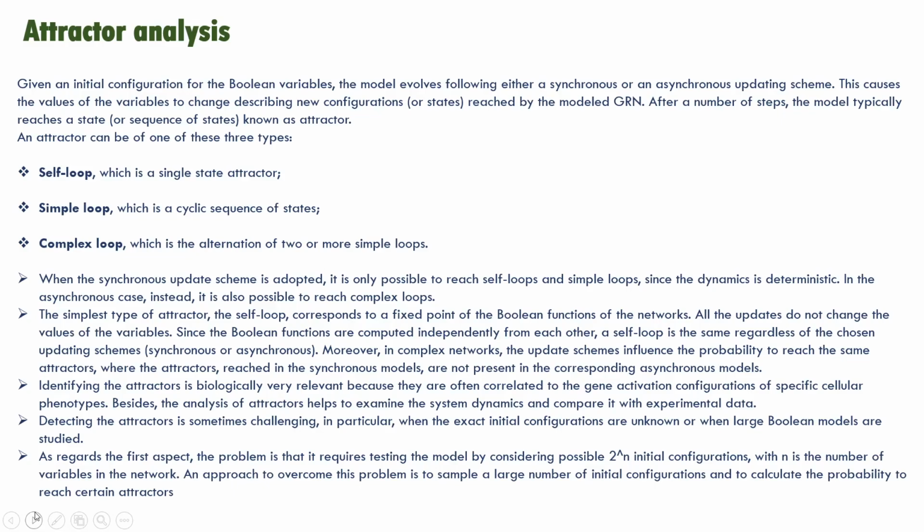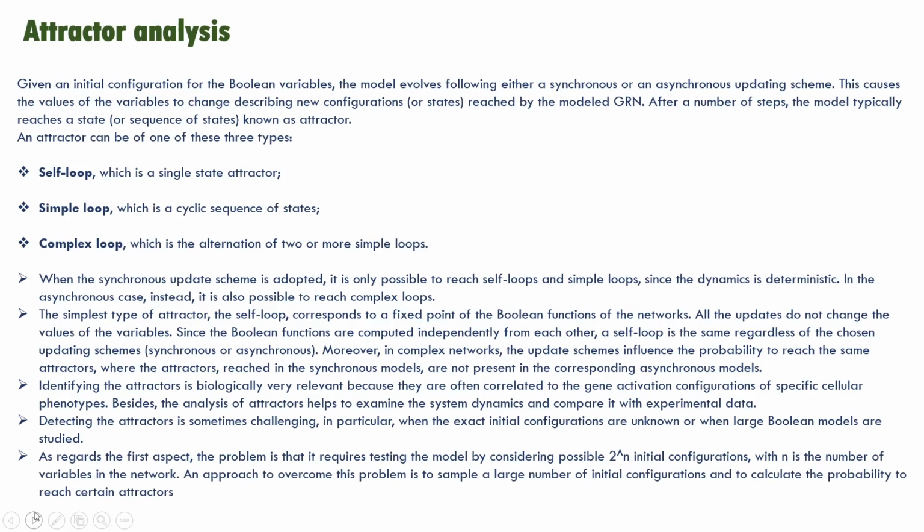So the self loop is a very good strategy, because if the Boolean variables are computed independently, the self loop is independent of the updating scheme, which is a very important feature people use.